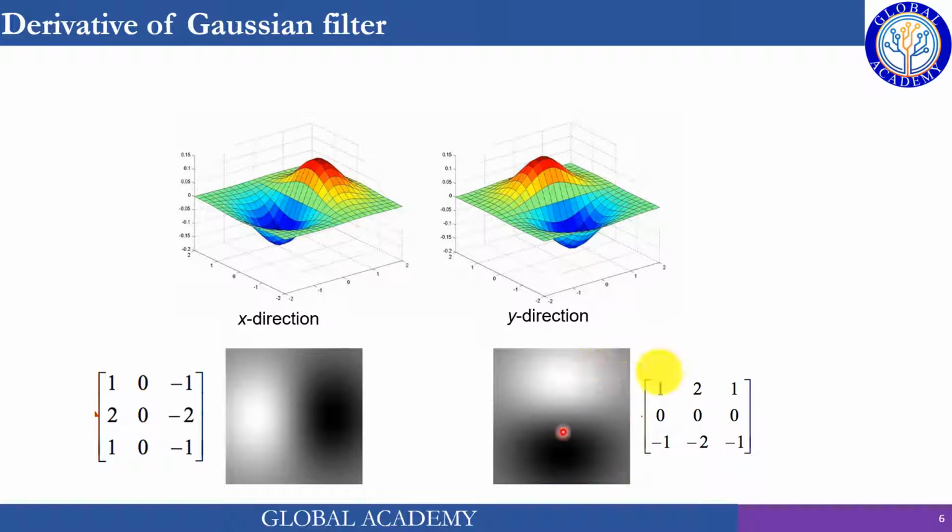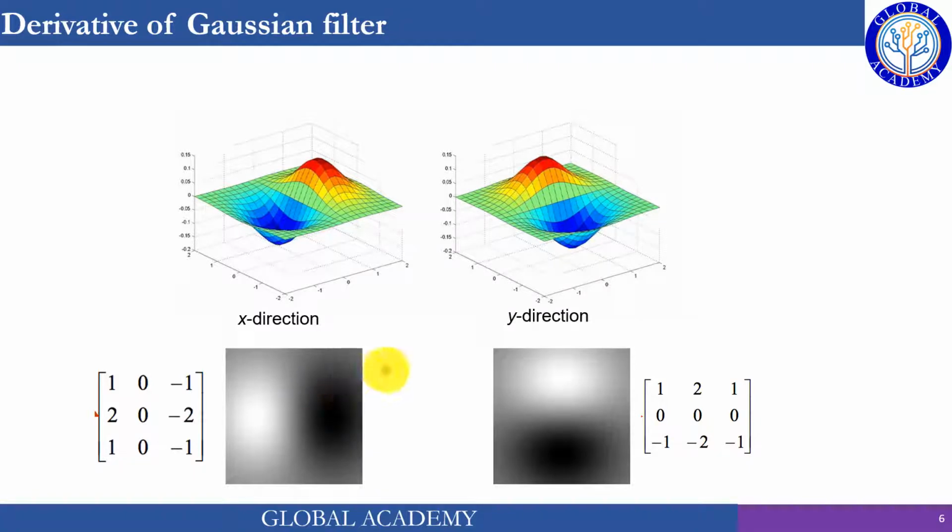So you can see it's an image representation of the same derivative of Gaussian along the y-axis, and the image representation of the same derivative of Gaussian along the x-axis. So these are the equivalent masks, just pictorial descriptions of the Sobel operator.